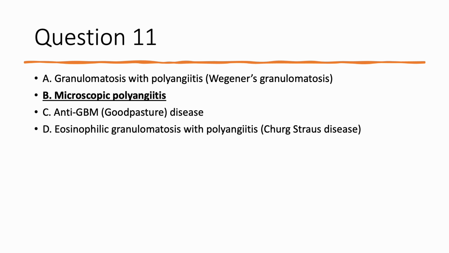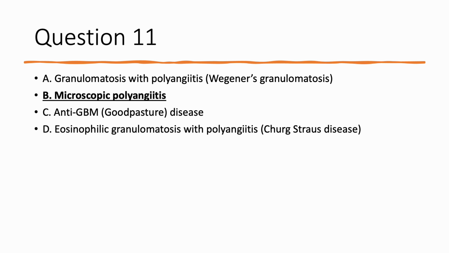But most of the times you're not going to see that. The distinguishing factor is ANCA. c-ANCA is sensitive and specific for granulomatosis with polyangiitis, for GPA or Wegener's. While with microscopic polyangiitis, you're going to have a positive p-ANCA, anti-myeloperoxidase.